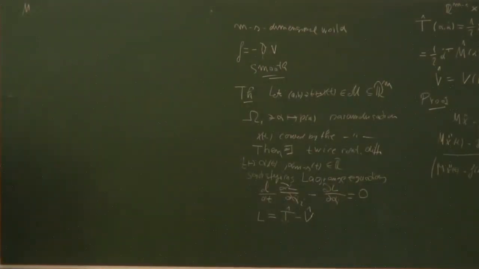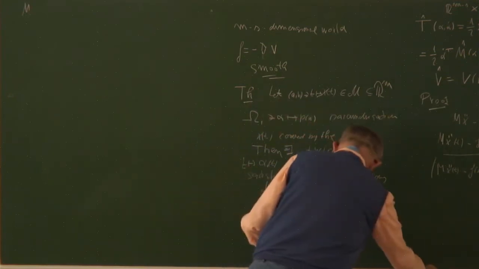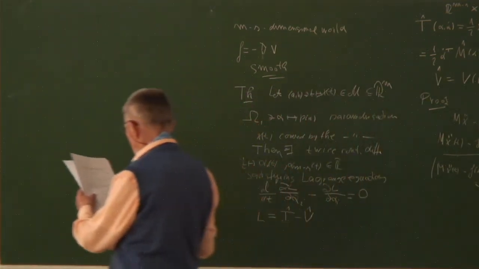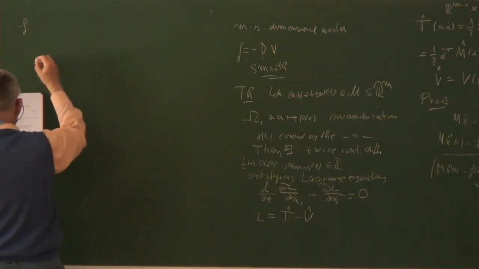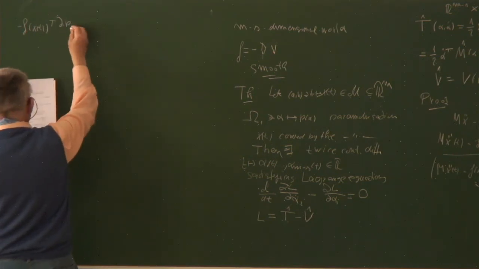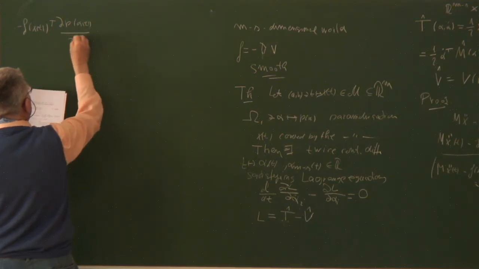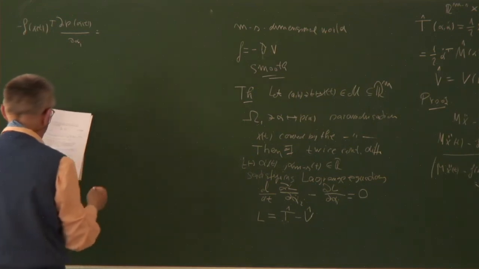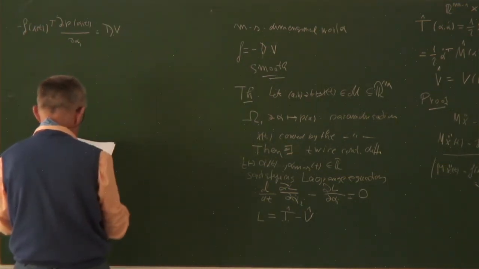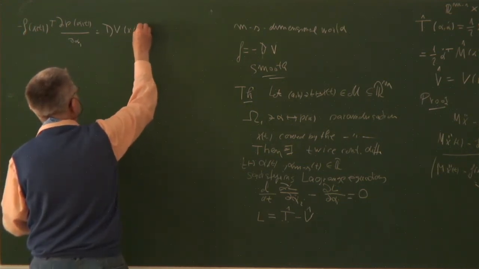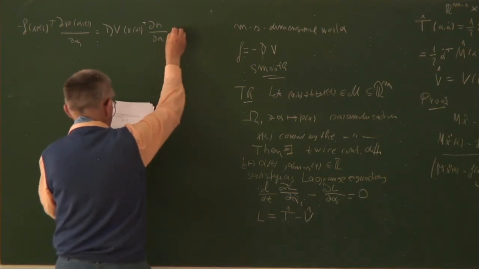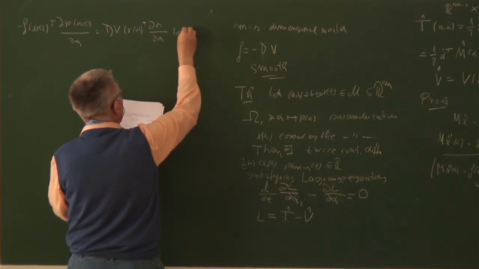So I compute first this term: minus f of x of t transpose times dp over d alpha i at alpha of t is equal to dV on x of t transpose times dp over d alpha i, taken at the point alpha of t.